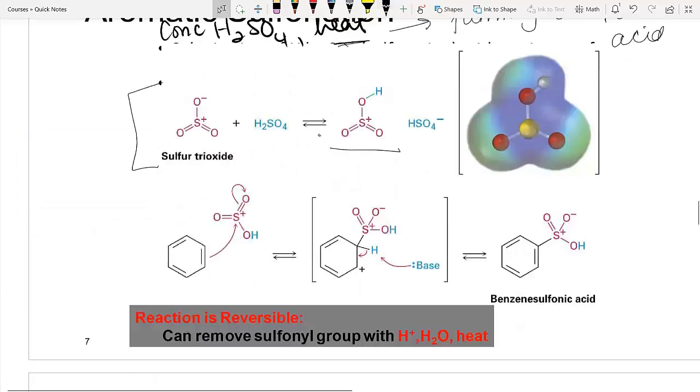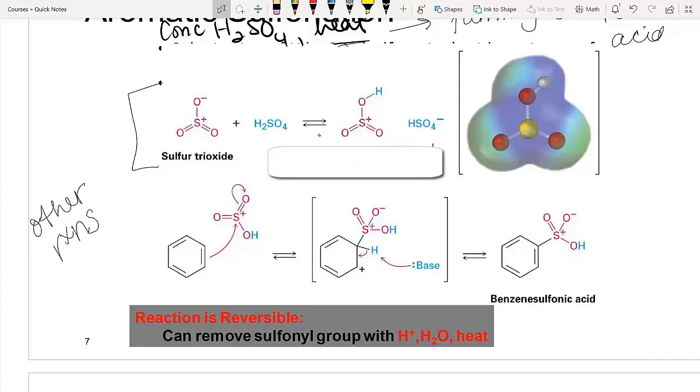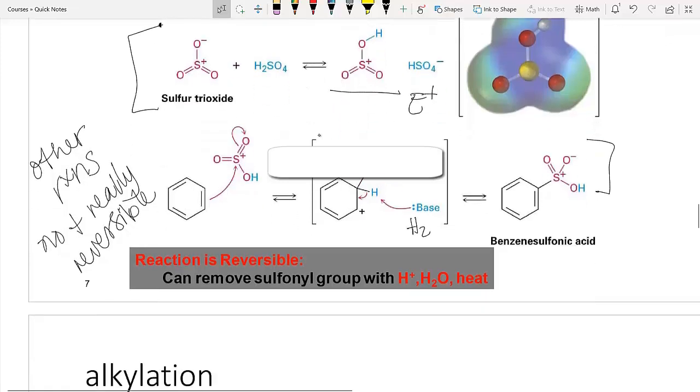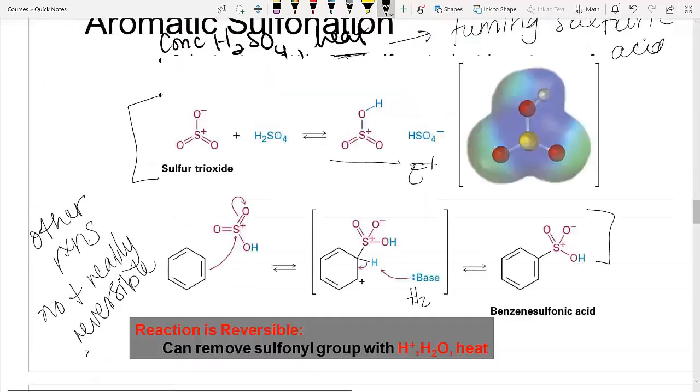You've made the electrophile, but this process when we're done is actually reversible. Most of the other mechanisms we'll draw are not reversible. This is important because since it's reversible, that group can come off, and so we often use it as a blocking group. If we continue, the sulfur being positive, the aromatic molecule attacks it, and some base in your solution, often just water, a small amount of water, removes the proton.